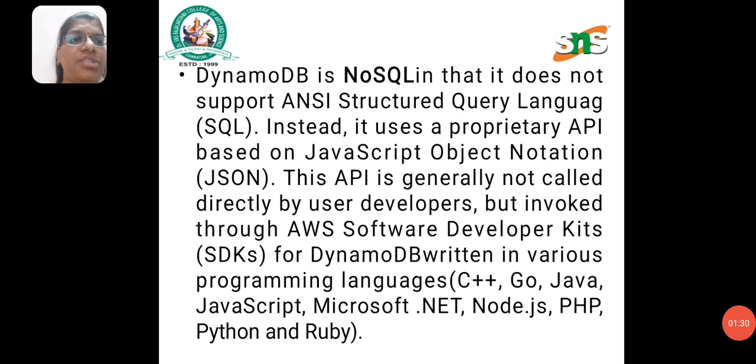This API is generally not called directly by user developers but invoked through AWS Software Developer Kits, SDK, for DynamoDB written in various programming languages: C++, Go, Java, JavaScript, Microsoft .NET, Node.js, PHP, Python, and Ruby.